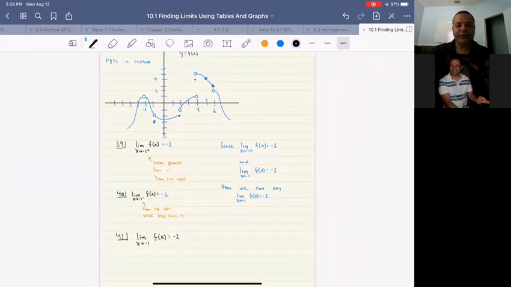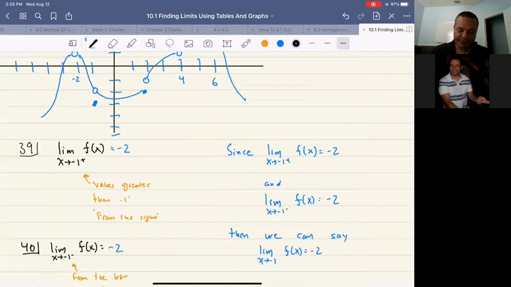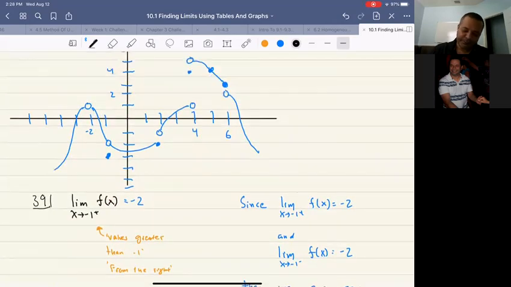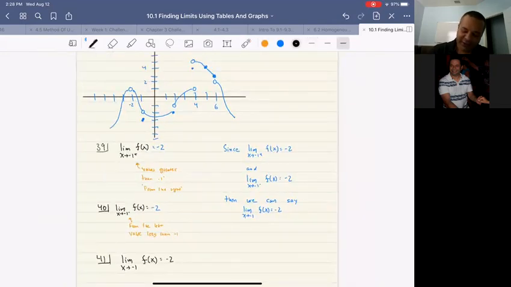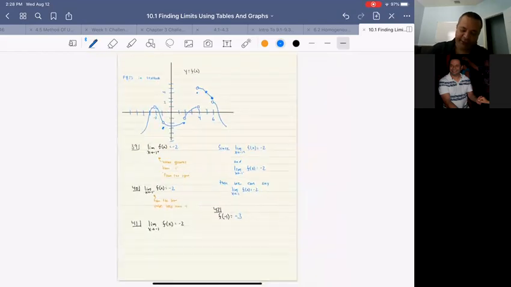Okay, now let's take a look at this graph again. What's happening exactly at -1? Well, f of -1 is actually not equal to -2. F of -1 here actually equals, if we look at the graph, you can see it's -3.